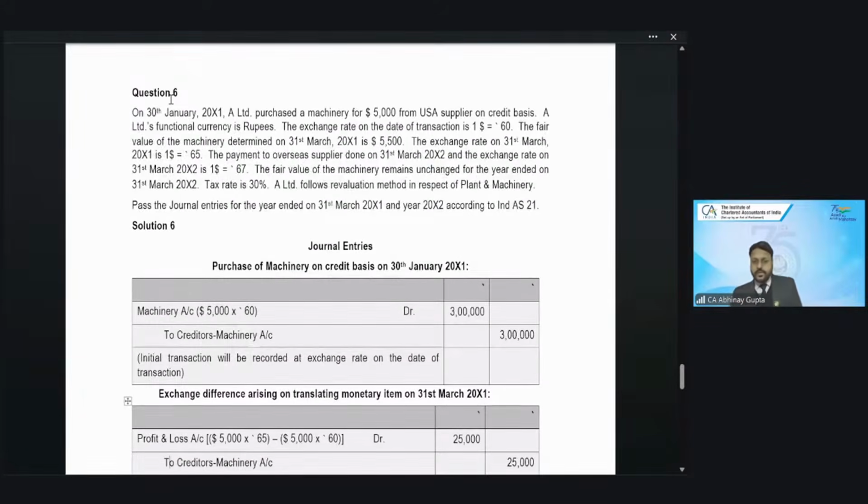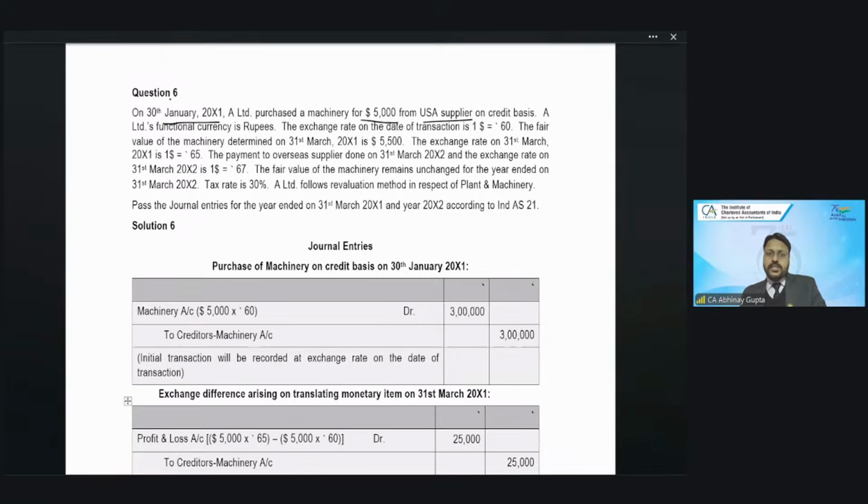Okay, so let's do this last small question before we go on the break. On 30th January 2001, A Limited purchased a machinery of $5,000 from the USA supplier on credit basis. So A Limited is purchasing a machinery from USA in dollars for $5,000 on credit.